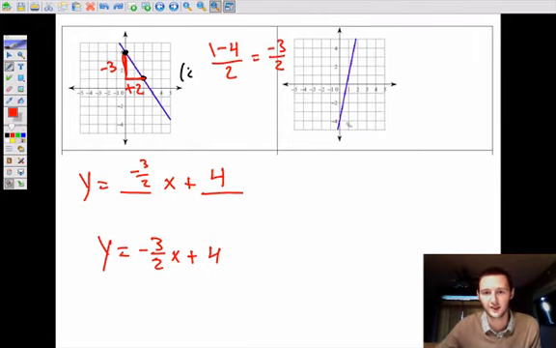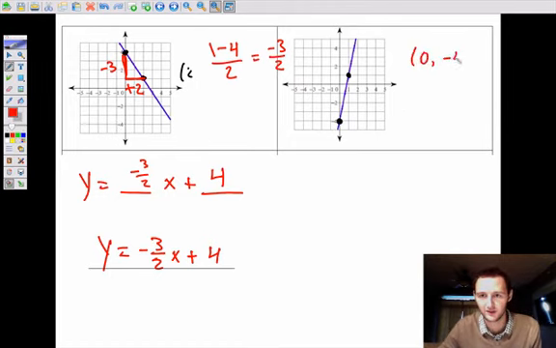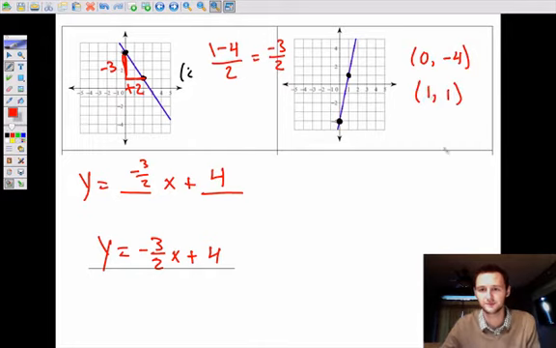All right, and so in our second example, I'm going to pick out a couple points, and this is going to be easy to pick the y-axis or the y-intercept there. And it looks like here's another nice point there. And so the coordinates of these are 0, negative 4, and 1, 1.